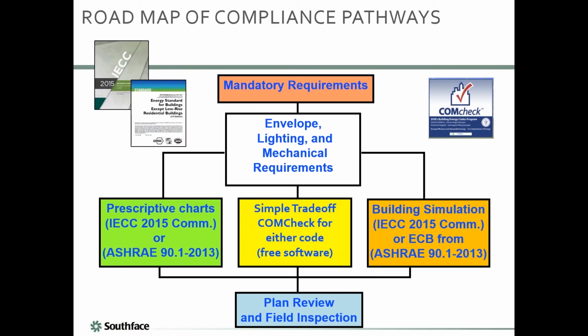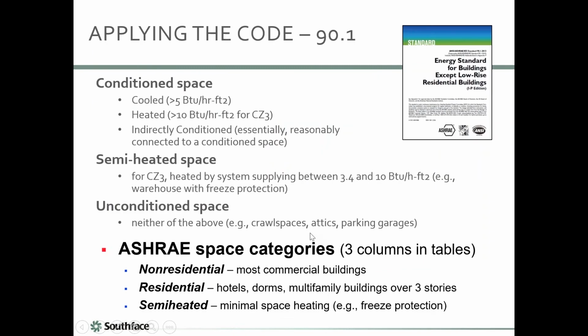Like you can't take credit for more efficient lighting or better HVAC against your envelope. But with simulation, everything is sort of fair game. So it's a much more sophisticated compliance route, usually requires a professional energy modeler, but it is always available. And I think we'll focus mostly on the prescriptive code and maybe just briefly touch on ComCheck.